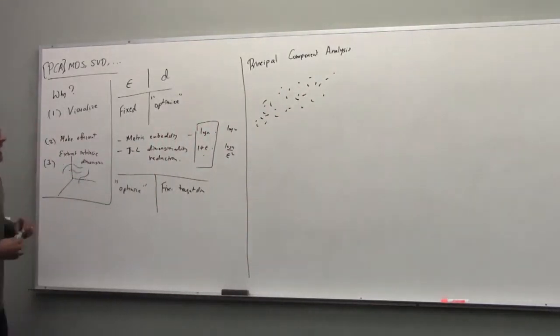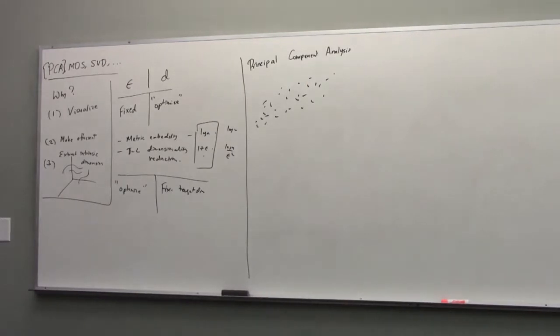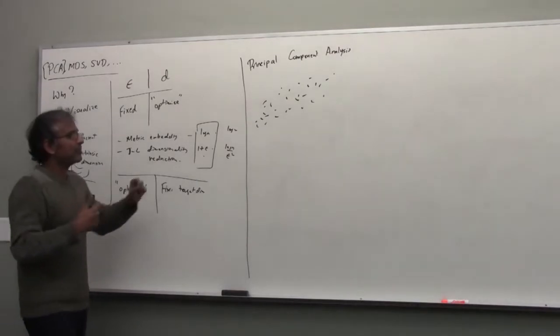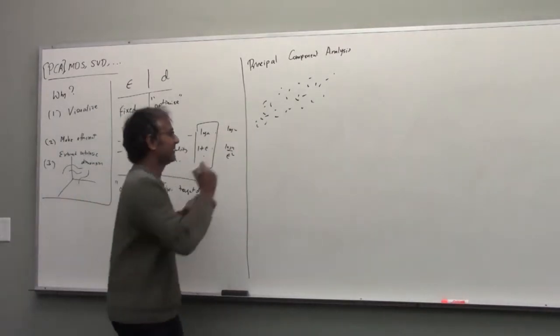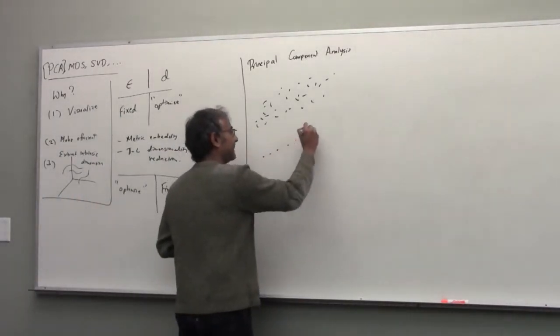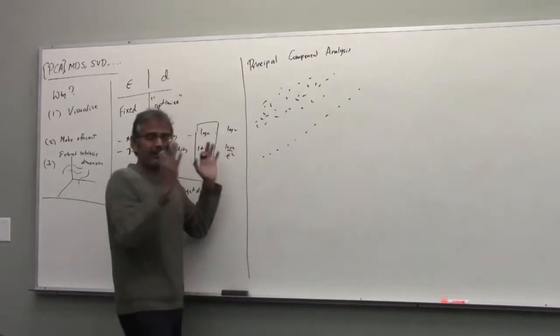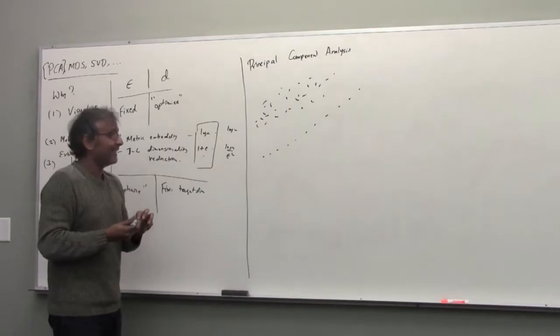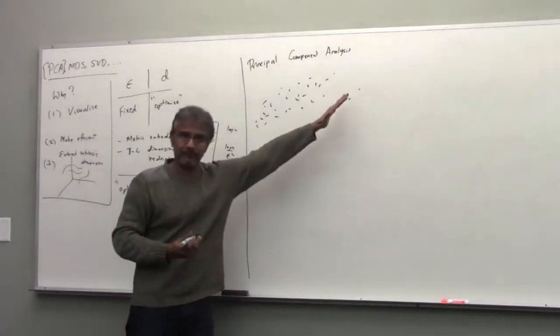And what I want to do is transform the data, or transform the coordinate frame of the data, in some sense to capture where the data appears to be lying. Think of the exact version of this, where my data is all in a line. No data in history ever looked like this, but let's say you have some data that actually looks like this. Then, yes, I want to know that line.